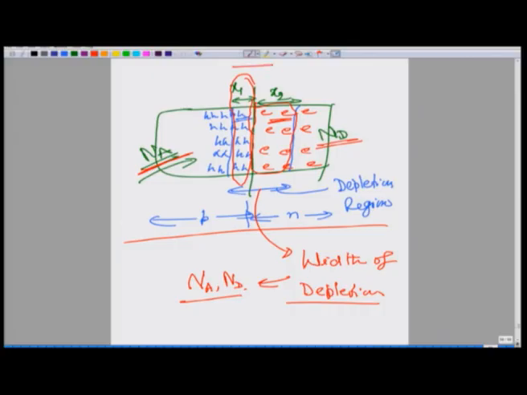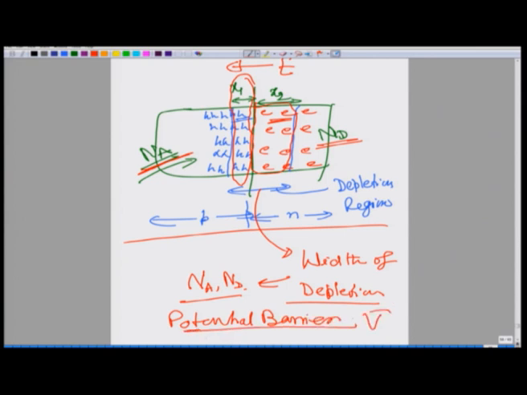I told you that finally in equilibrium you have an electric field, and therefore a potential difference between the two sides, known as the potential barrier.